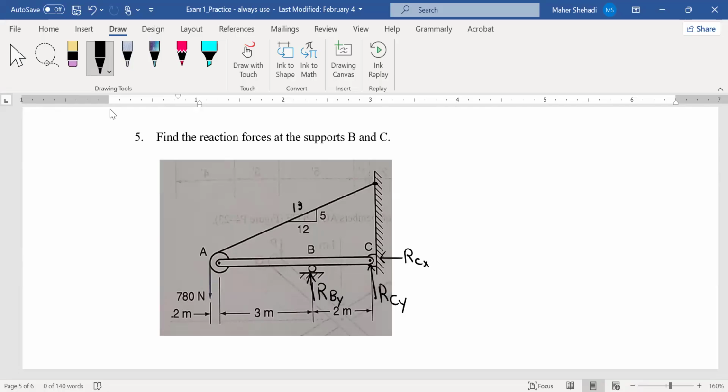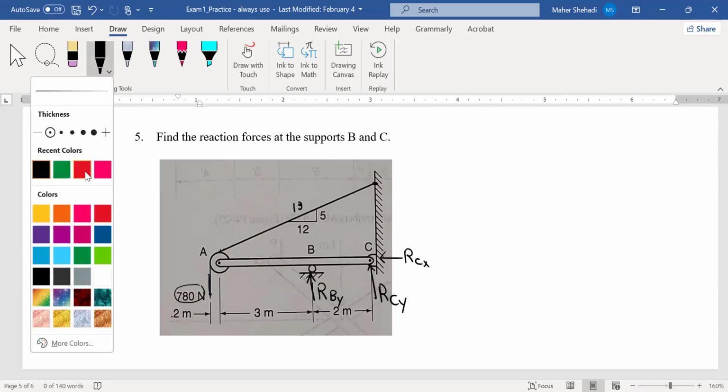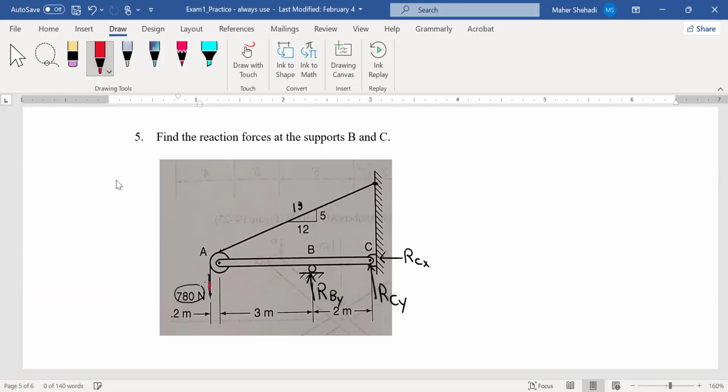So I'm not going to be looking into this point, but I do need to consider those two. First, this is 780 newtons, and it's the same cable. It's the same color, so let's pick maybe red. It's the same to here. So it has to be 780 down and 780 going this way. That's number one. That's a property of pulley and cables.